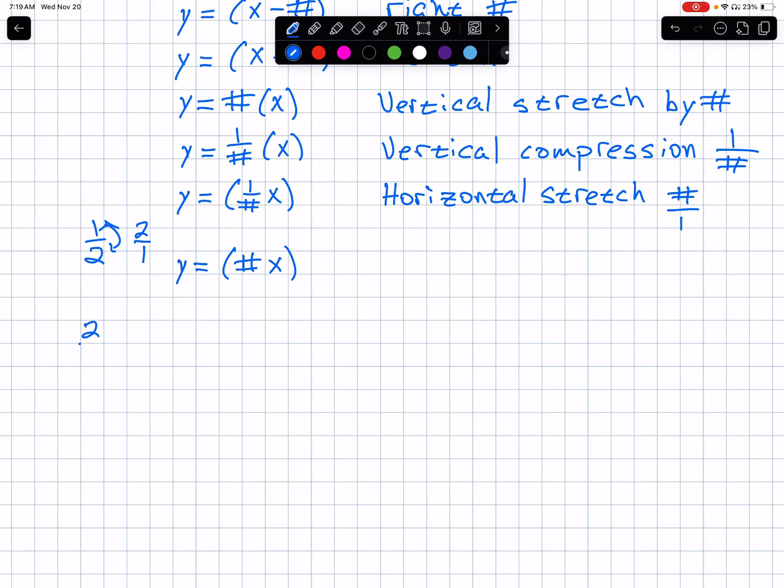If we use that similar example and it's 2 over 1, 2 being a whole number, and we flip that fraction, it's going to be 1/2. So that makes it a horizontal compression. By 1 over whatever that number is. All right, that is it.